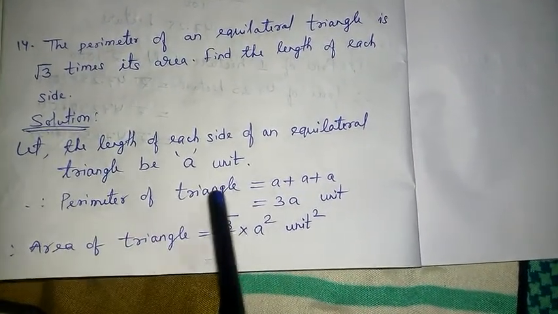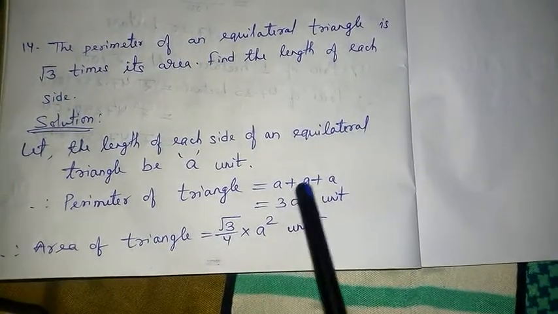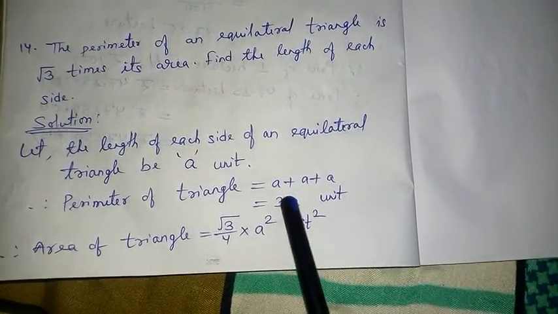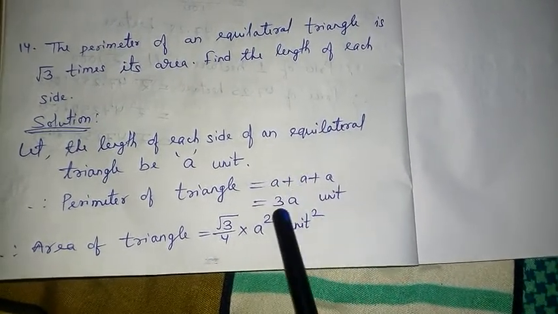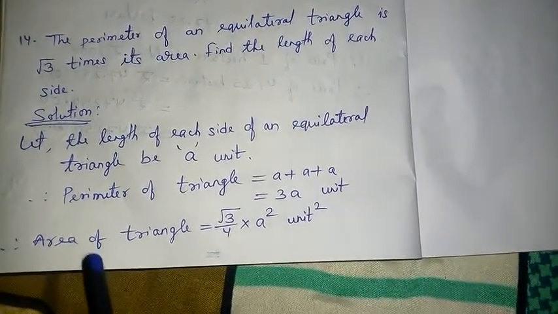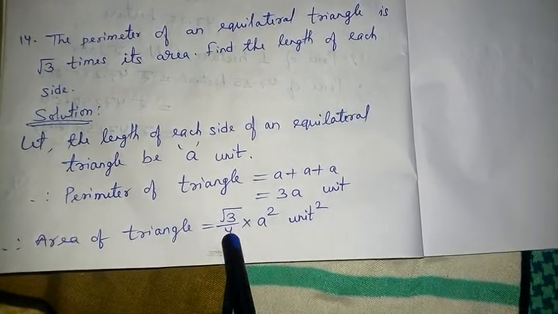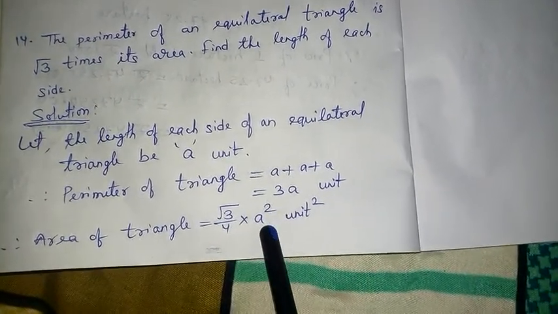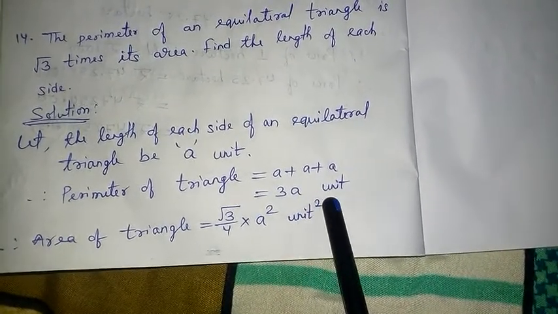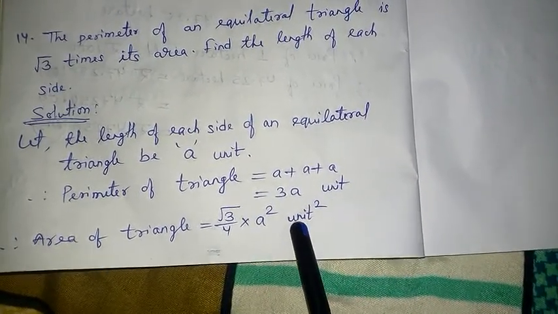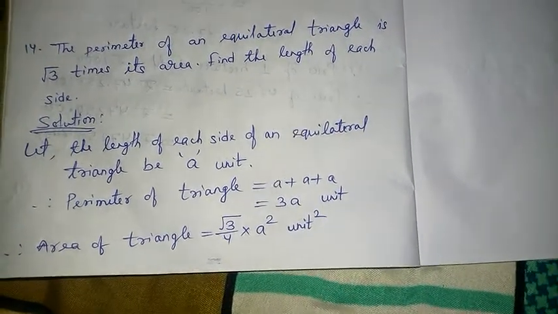Now the perimeter of the triangle will be a plus a plus a. Why? Because all three sides are equal, and perimeter means adding the boundary. a plus a plus a is 3a unit. Now the area of the triangle will be root 3 by 4 into side square, but here the side is a, so I can say a square unit square, because in area like we write meter square, centimeter square, so unit square.